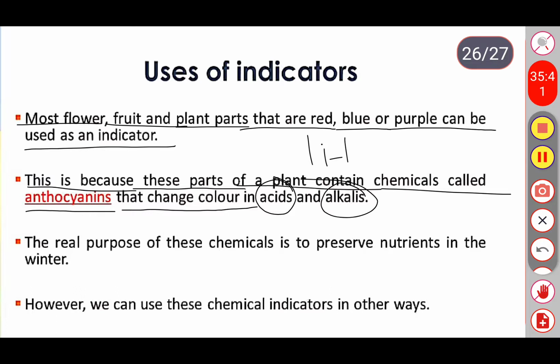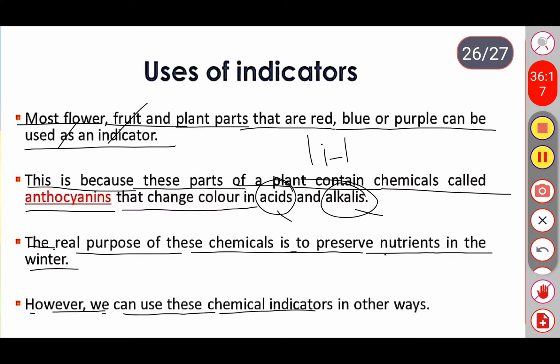Here most of the plants, flowers, fruits and leaves are the natural indicators which show different colors in acidic and basic solutions. Next one, the real purpose of these chemicals is to preserve nutrients in the winter. And last one is, however, we can use these chemical indicators in many ways.